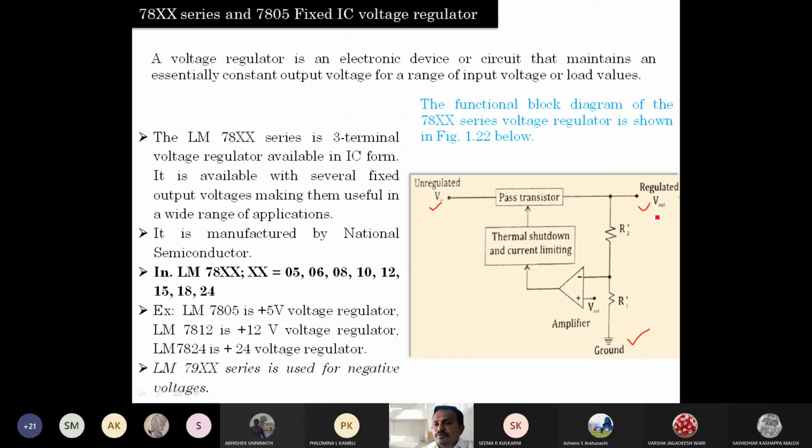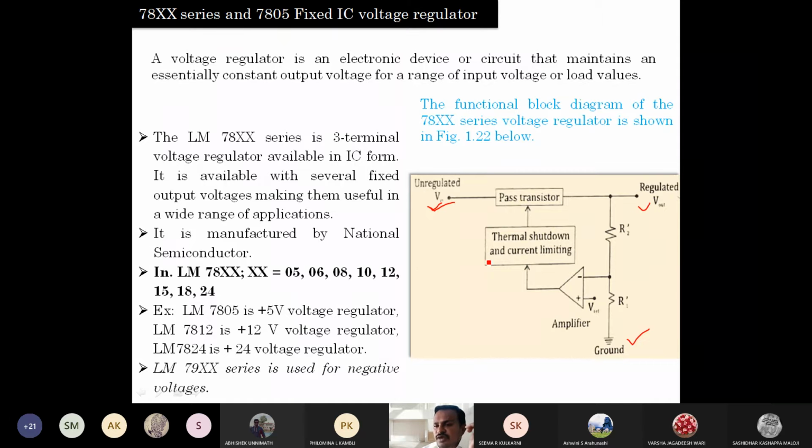Between input and output, what is the difference? At the input we apply a varying voltage, which is unregulated. It is not constant and has ripple and variations. But if you need a constant voltage, that is done by this IC voltage regulator.